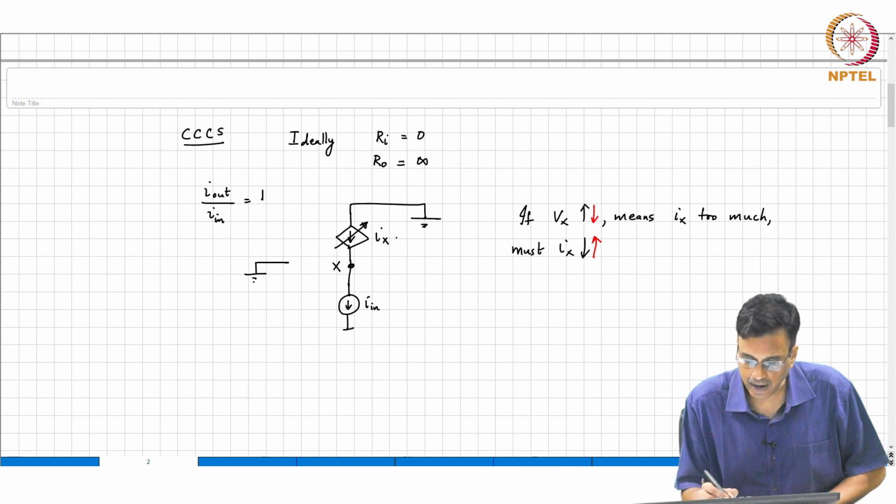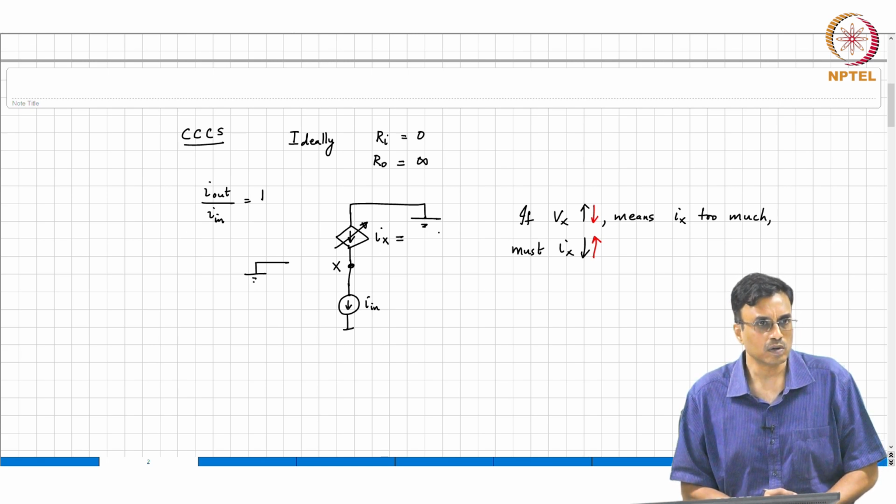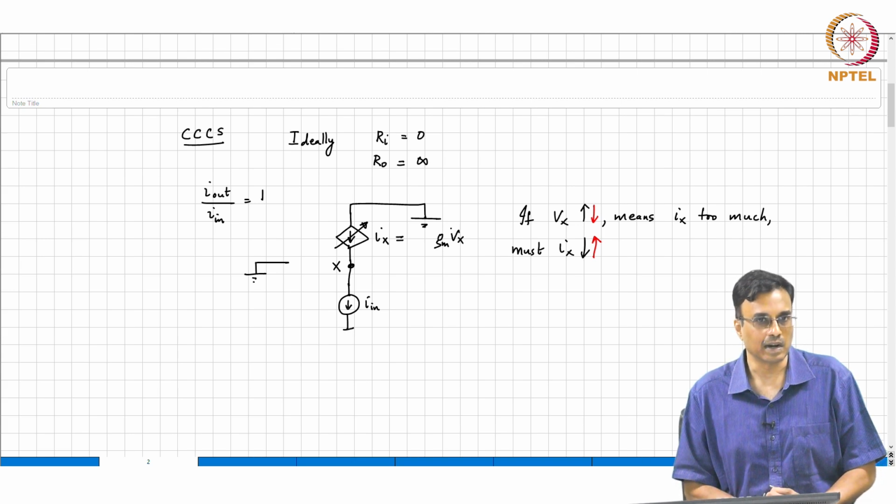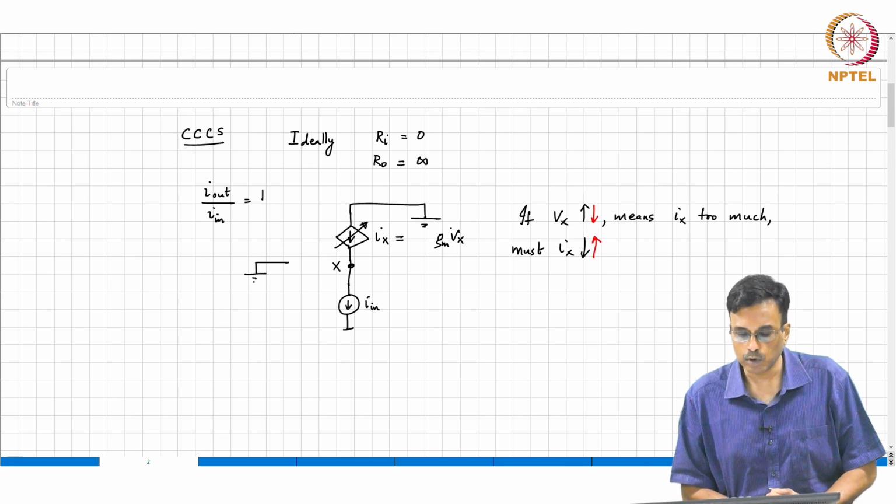So, in other words, Ix must be a current which is proportional to, controlled by Vx, the constant of proportionality must be some conductance. What comment can we make about the sign of Gm?